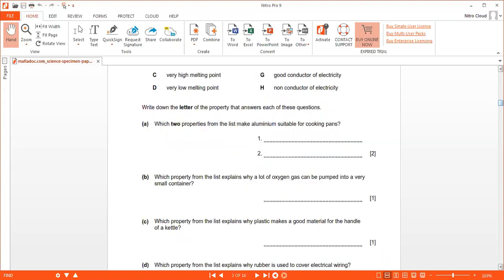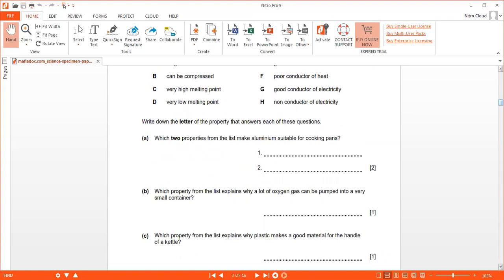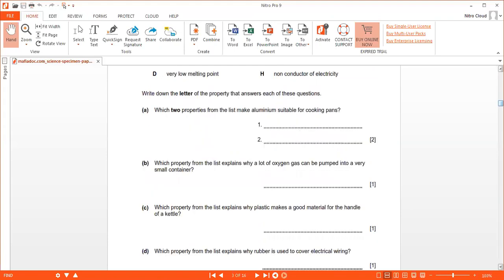B. Which property from the list explains why a lot of oxygen gas can be pumped into a very small container? Of course, because gas can be compressed. So the answer is B. C. Which property from the list explains why plastic makes a good material for the handle of a kettle?